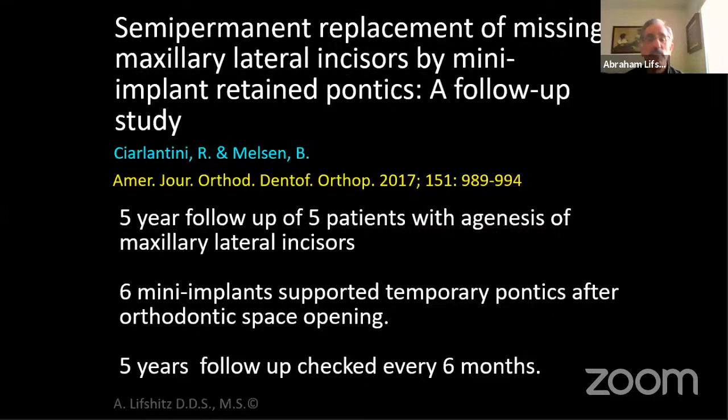They did a 5-year follow-up of 5 patients with agenesis of the maxillary lateral incisors. They used 6 mini implant-supported temporary pontics after orthodontic space opening, and checked every patient every 6 months.